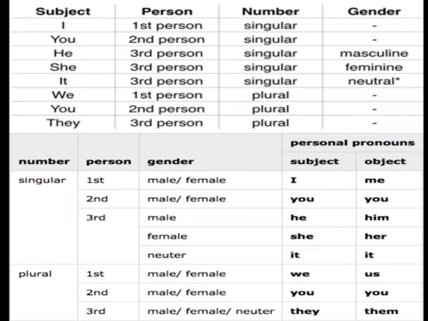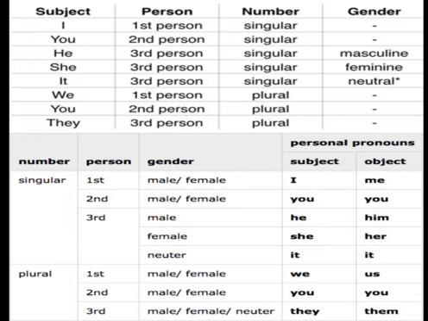Male means boys. And in case of females, meaning girls, we use she or her. Whereas in case of things or group, we say it or they. Then if in case of plurals, first person, we say we.